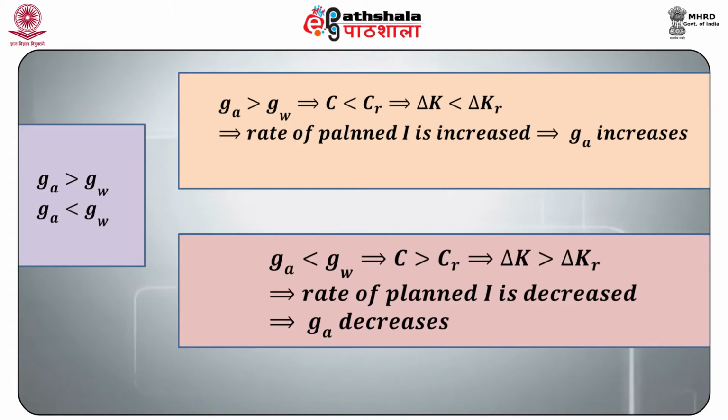The rate of planned I is increased, which implies that G_A increases. And if G_A is less than G_W, this implies that C is greater than C_r, which implies that delta K is greater than delta K_r, which implies that the rate of planned investment decreases and G_A decreases.